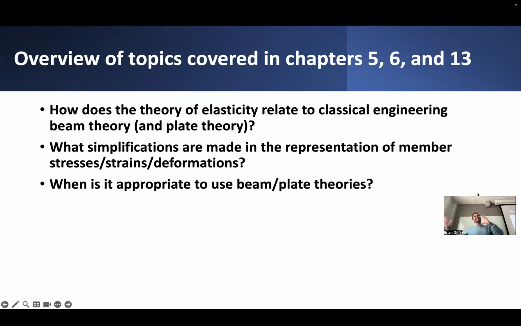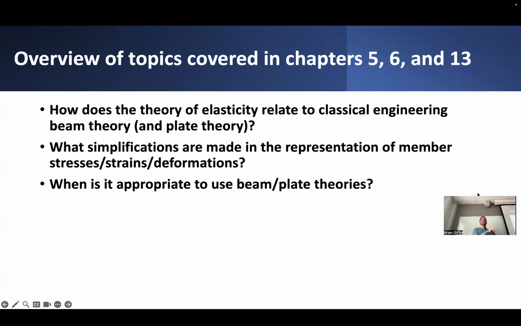So we do still like to apply classical beam theory in situations where we can apply it reasonably, but we need to know when exactly is it applicable to go back to using various forms of beam theory or plate theory if you're trying to idealize how a plate deforms under some kind of transverse loading and bending.